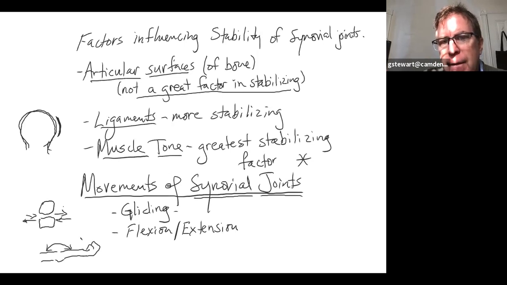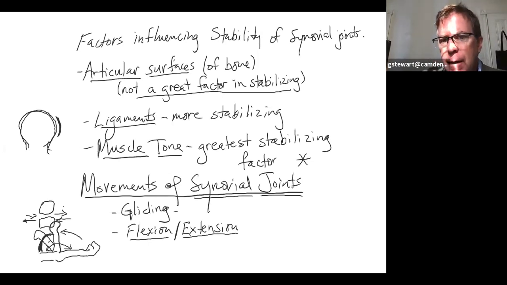When you flex, you reduce that angle. There's the fist. You reduce that angle to 90 degrees. If you flex further, you reduce that angle to 45 degrees. So flexion and extension is just the opposite. Extension is increasing the angle, typically at a hinge joint.